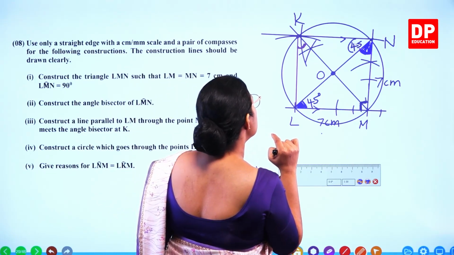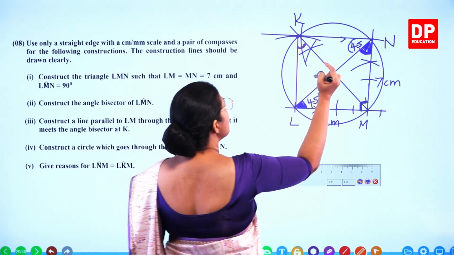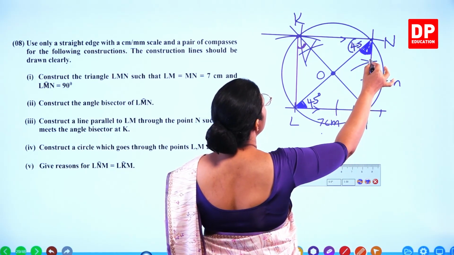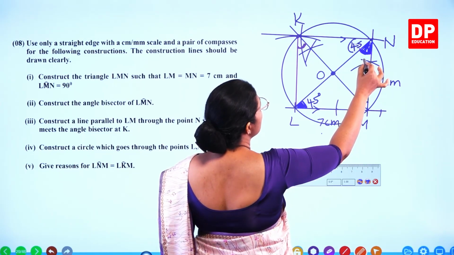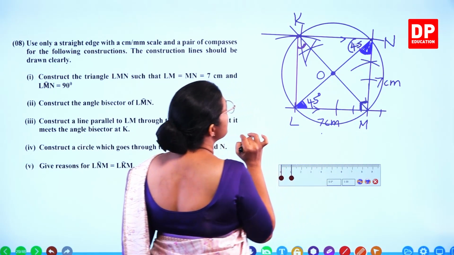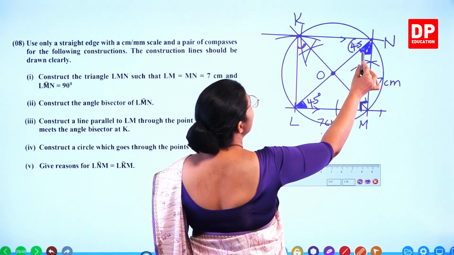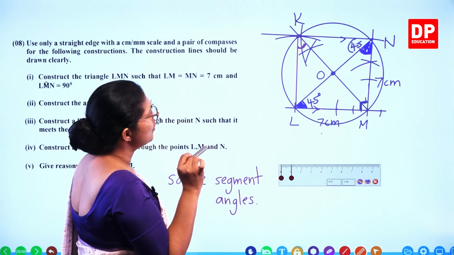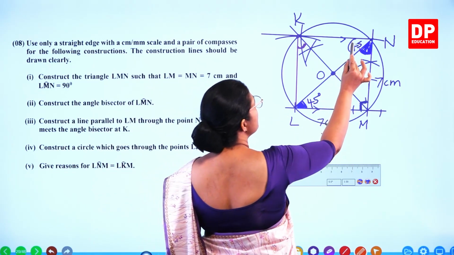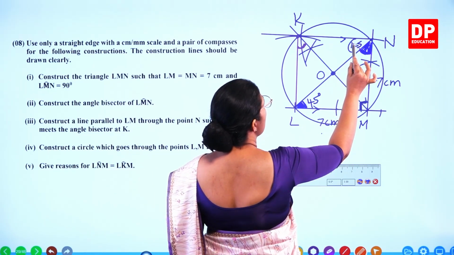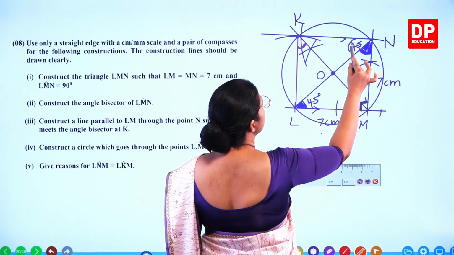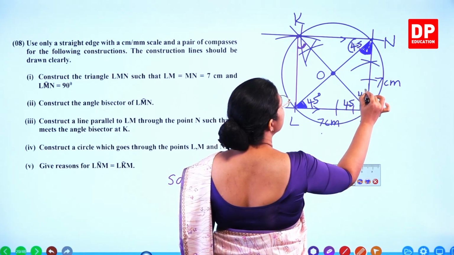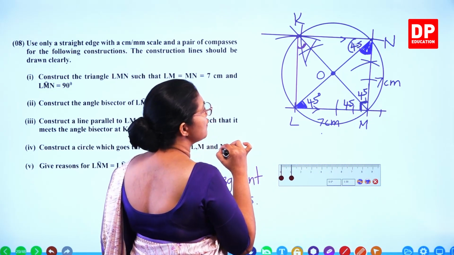So this is 45. And what else can we see? Instead of doing same segment angles, can we do another method? This is 45, this is 45. And this is 45 here, the angle bisector. This is also 45.